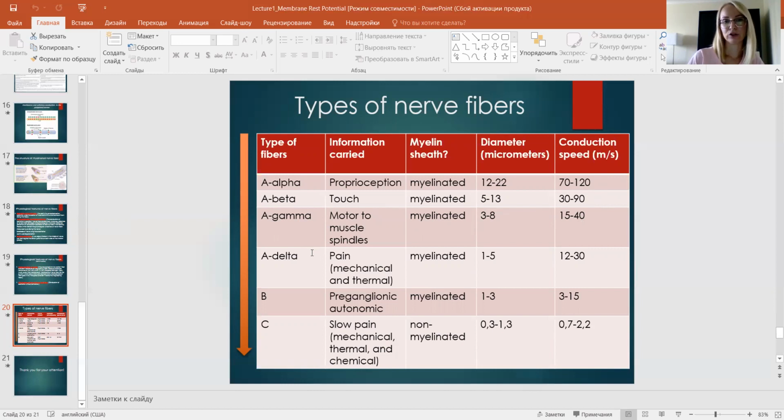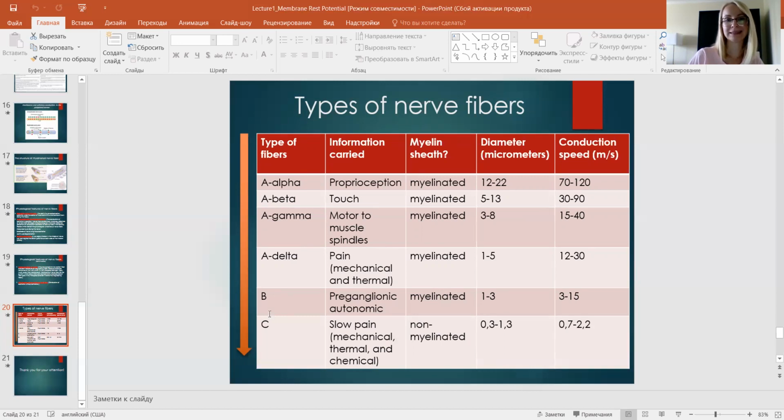A delta is responsible for carrying pain information, mechanical and thermal. It has a myelin sheath, diameter from 1 to 5, and conduction speed from 12 to 30. The next group is B, responsible for carrying preganglionic autonomic information. It has a myelin sheath, diameter from 1 to 3, and conduction speed from 3 to 15.